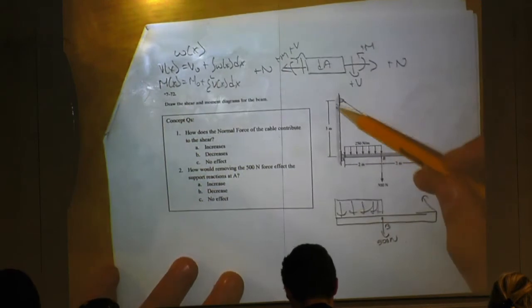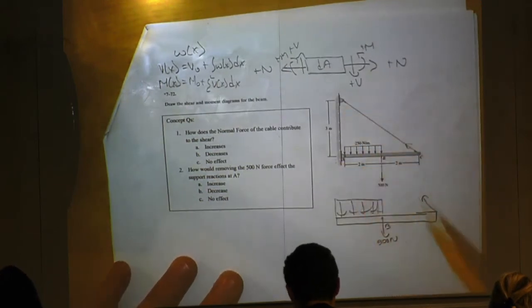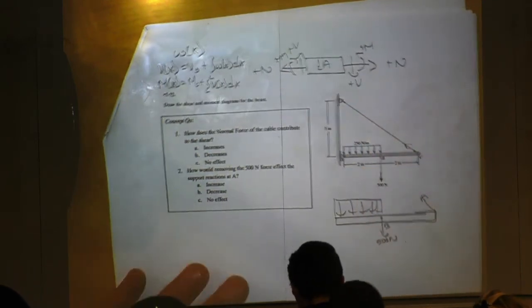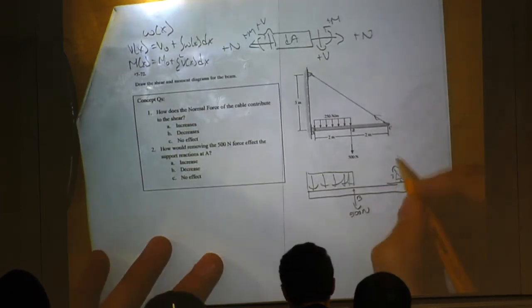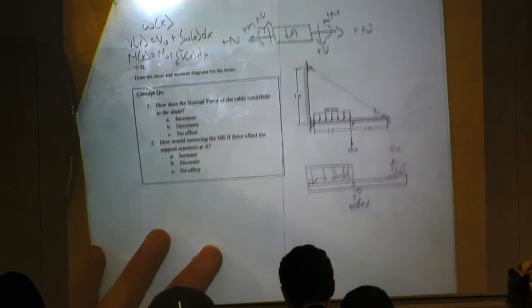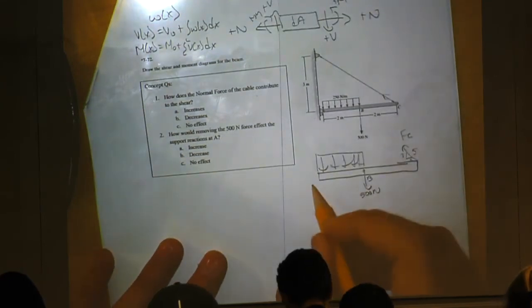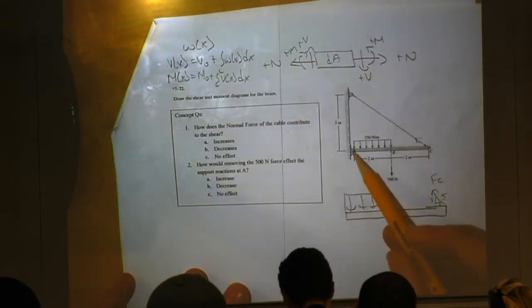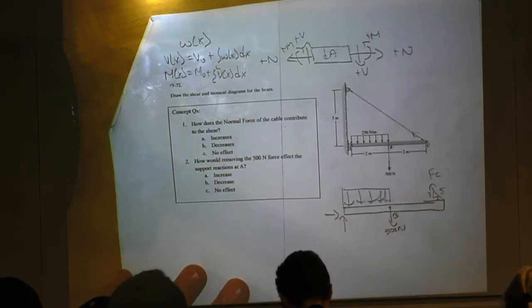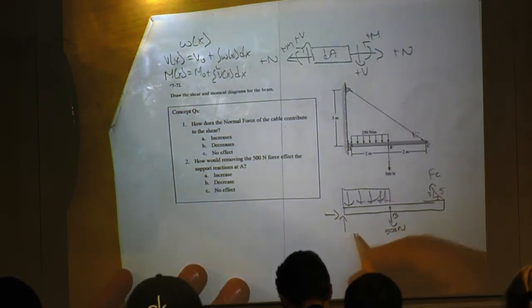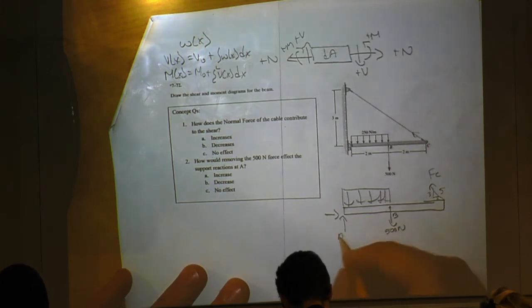They give us the dimensions, 3, and then this is 4, so that's going to be a 3, 4, 5 triangle, which is a fairly common one. So 3, 4, 5, and that's FC. Right, and then at A, it looks like it's a pin support, so we're going to have a horizontal and a normal, I guess, axial support. So AY and AX.